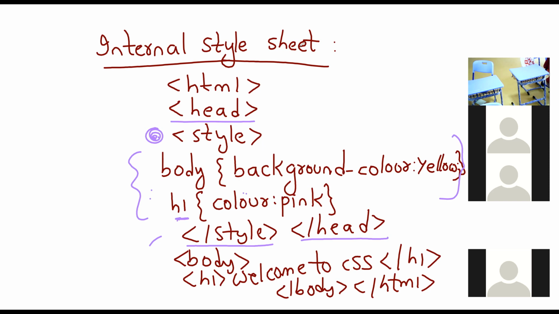Yes, ma'am, the internal style sheet is easier than inline style. Similarly, external style is easier than this internal style, because in inline style, one element only will be declared, right?